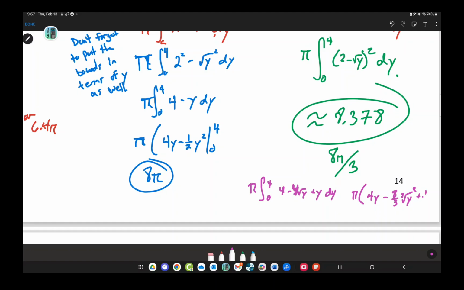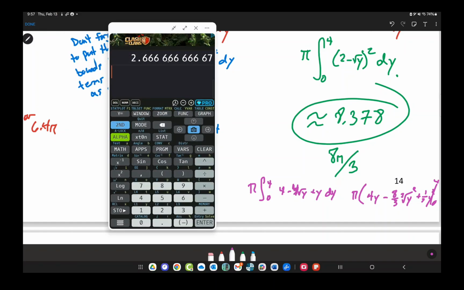So we have y squared from 0 to 4. Plug 4 into that. No, it's not the cube root of squared.